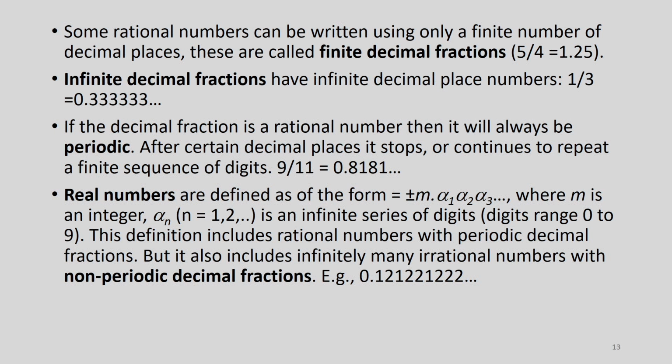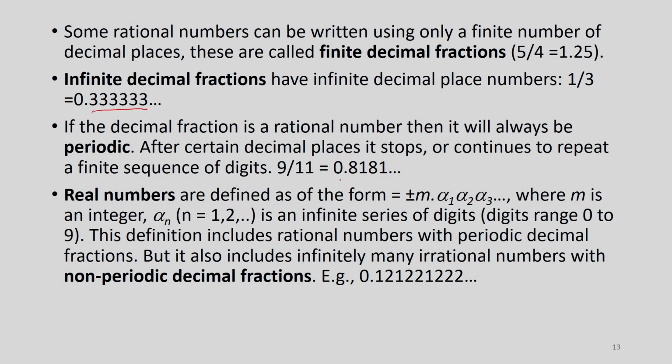If the decimal fraction is a rational number, then it is always periodic. After certain decimal places, it stops or continues to repeat a finite sequence of digits. So, these are all rational numbers, and if you have rational numbers, then they are periodic, which means you have repetition of the same number like here, right.